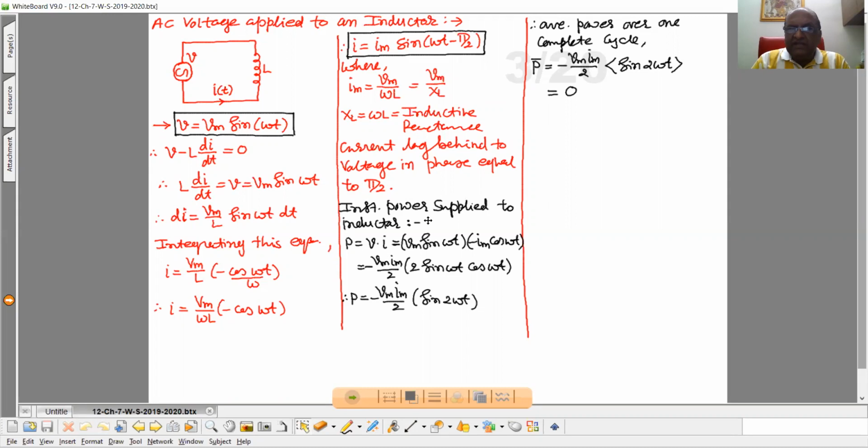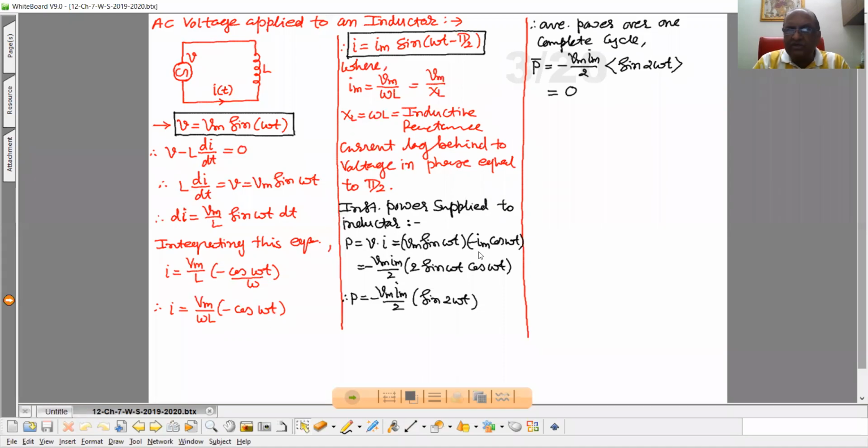Now, instantaneous power supplied to the inductor. Power P is V into I. So Vm sine omega t into I, that is Im into minus cos omega t. So minus Vm Im sine omega t cos omega t.